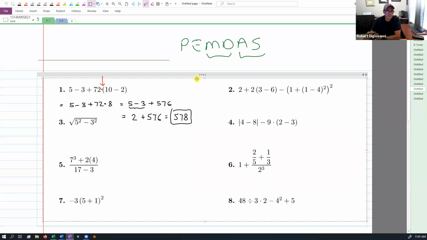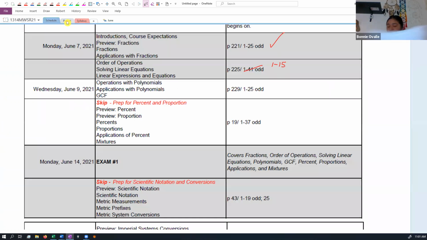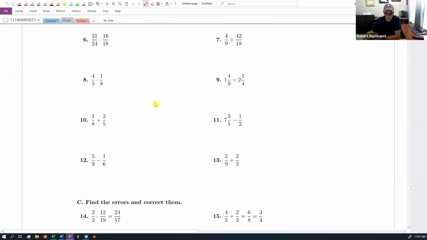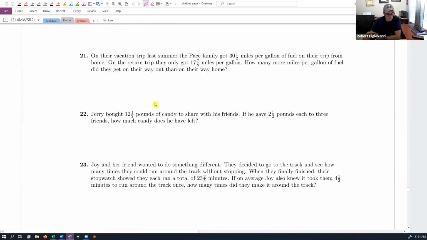For me personally, it was the fractions, just number 23 with the cupcake one. You're referring to the homework, right? Yes. Okay, so let me bring up that problem. Number 23.